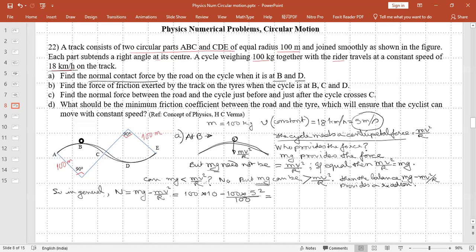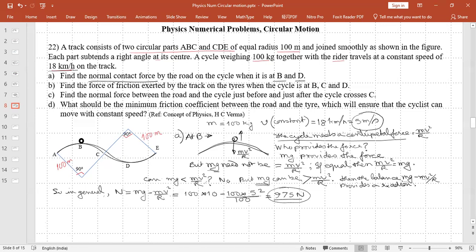So this is equal to 975 Newton. So obviously there is a reaction force on the cycle, and the cycle rider will feel less weight by the amount of 975 Newton. Okay, this is one part clear.